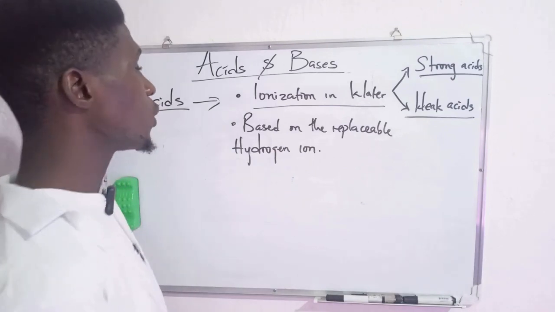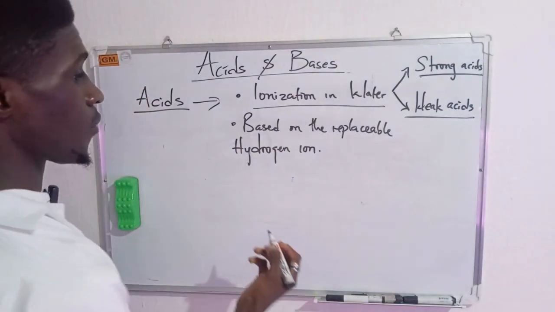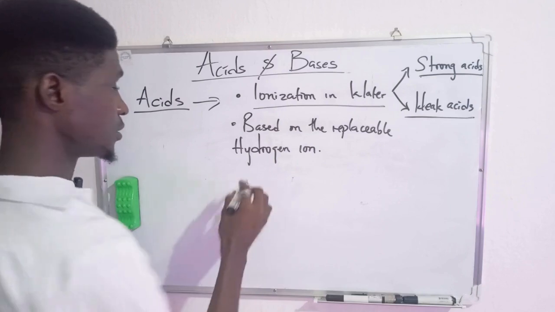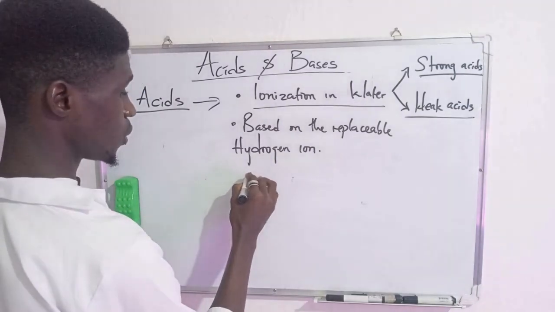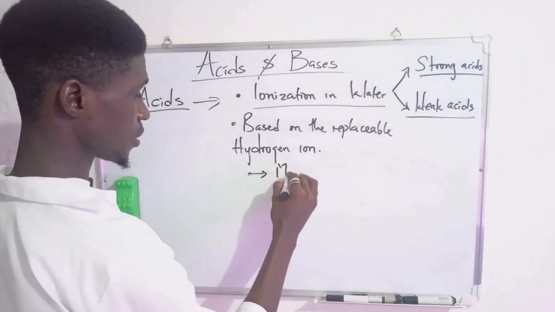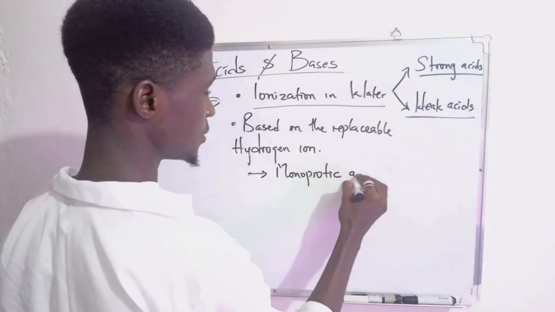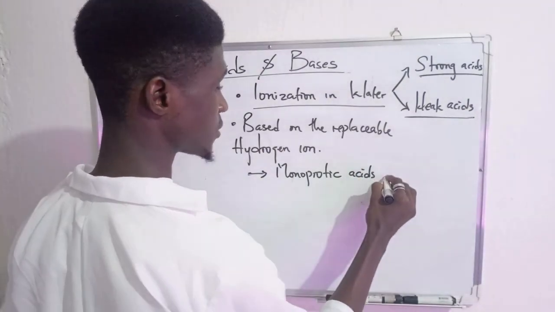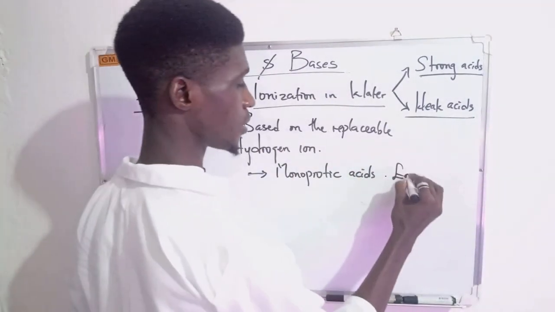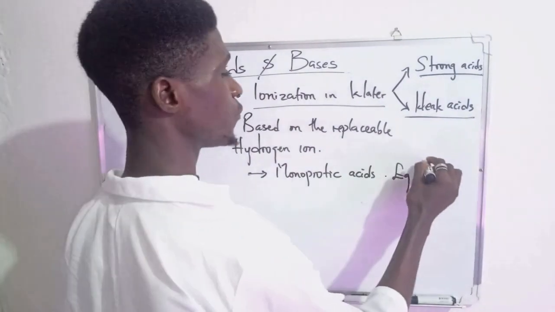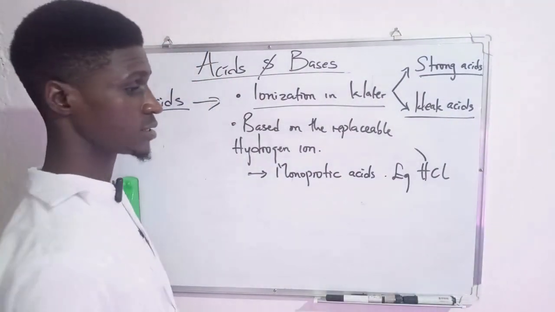The ones that release one are what we call monoprotic acids. Example is HCl. This will ionize to give off all the hydrogen it has.